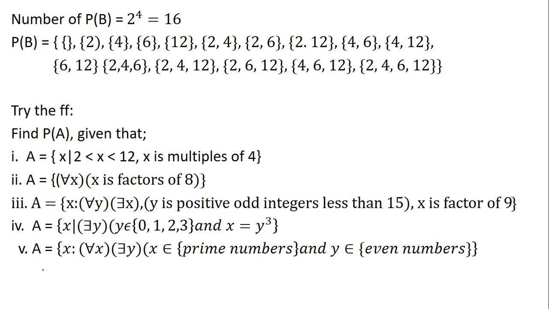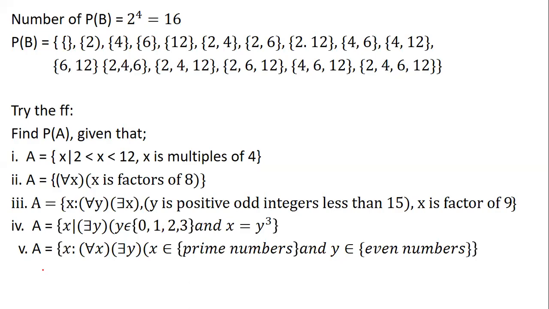So then what is that set of A? You can come up with the prime numbers and then check if you can get the even numbers among them. And take all the even numbers among the prime numbers to get the set of A. Is it okay?